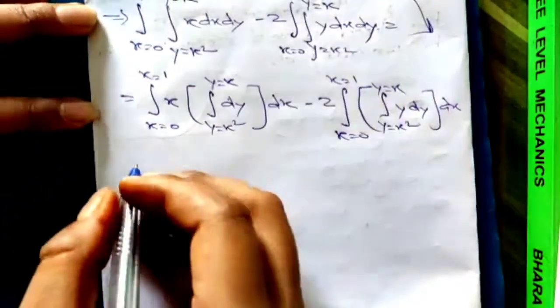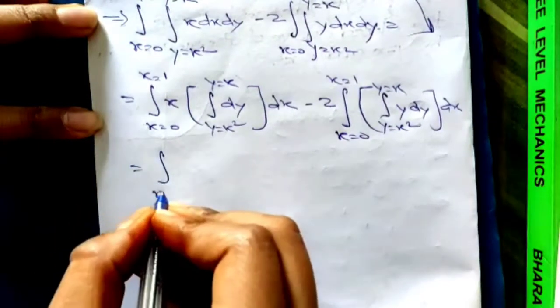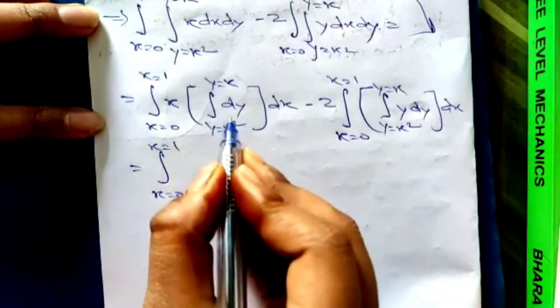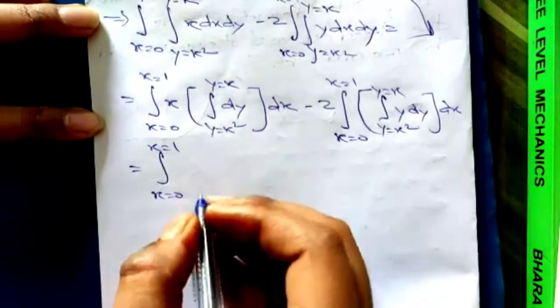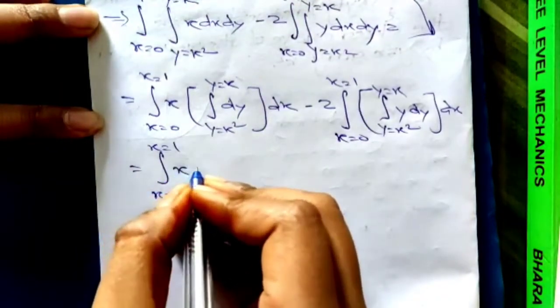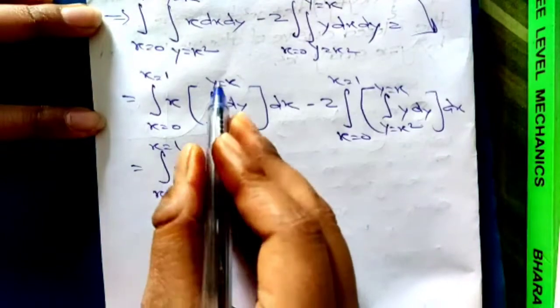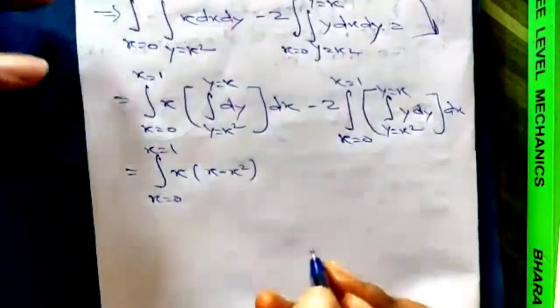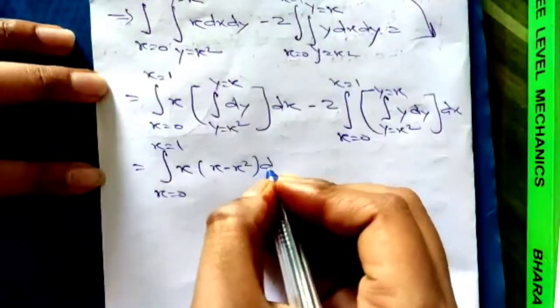Now solve it. Integration of dy is y, and after putting the limits we get x minus x square, this is dx.